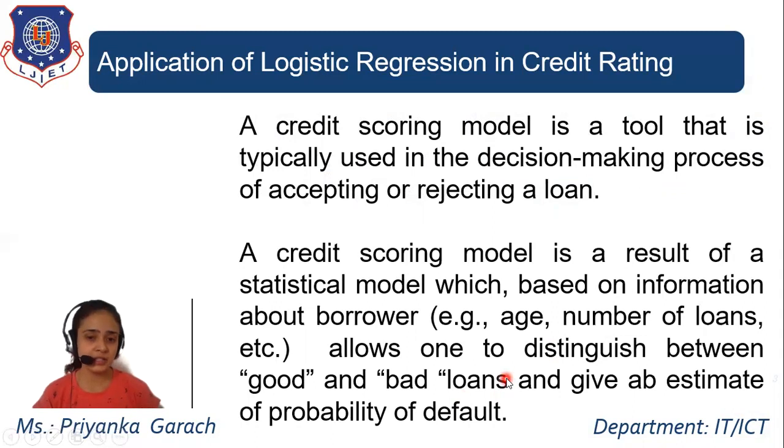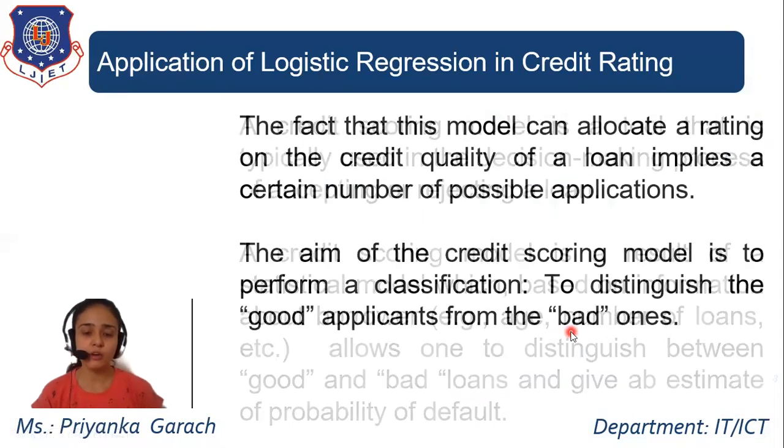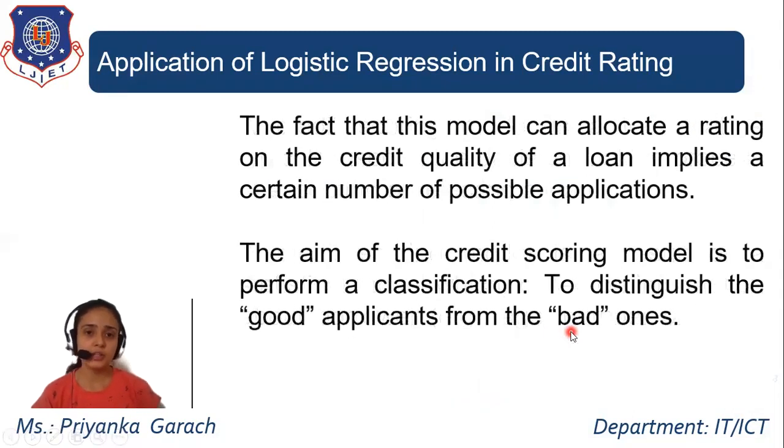It will give an estimate of the probability of default. The fact that this model can allocate a rating on the credit quality of a loan implies a certain number of possible applications. The aim of the credit scoring model is to perform classification to distinguish between the good applicants and the bad ones.